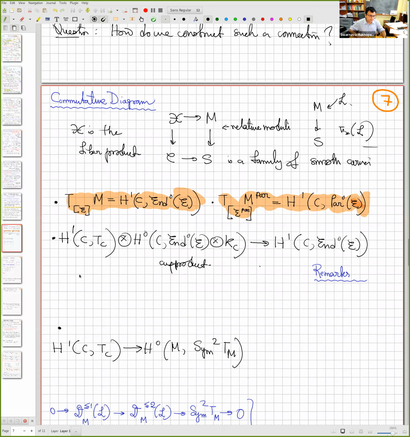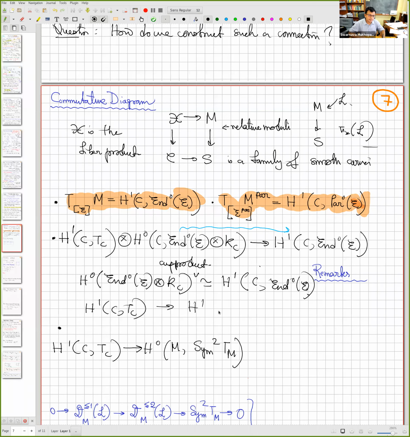Okay, so observe that the dual of End_0(E) tensor K_C is naturally identified with End_0(E) tensor T_C, so H1 of it. If I move this quantity to the other side, I will get a map from H1(T_C) to H1(End_0) squared.